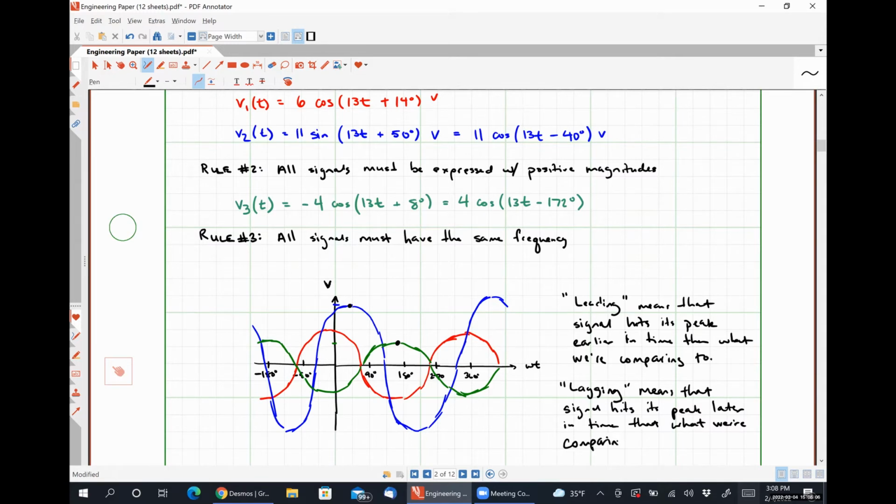So that means we could say that the green curve lags the blue curve. We could say that the blue curve lags the red curve, etc. So if it hits its peak later on, it's lagging. If it hits the peak earlier than what we were comparing it to, it's leading.